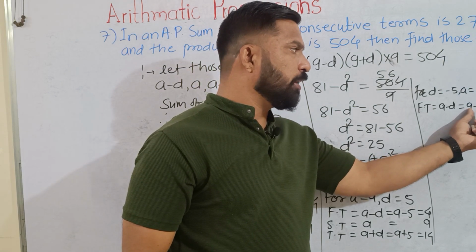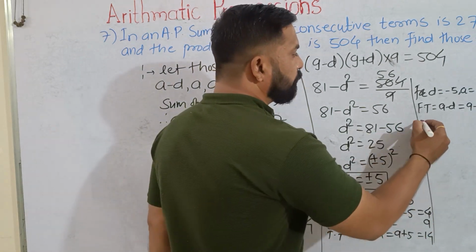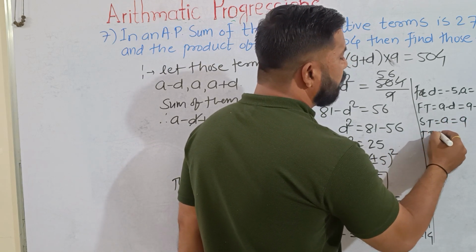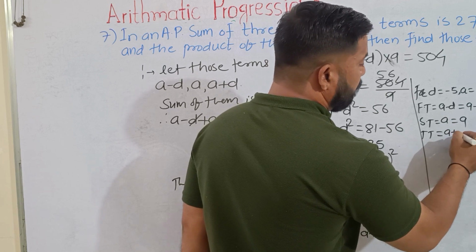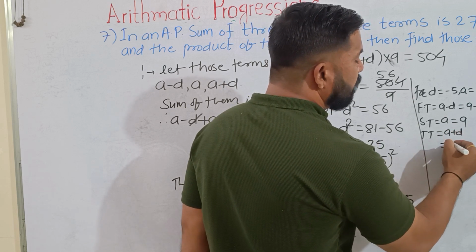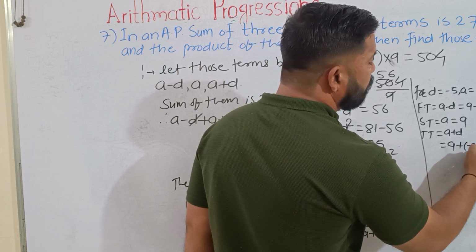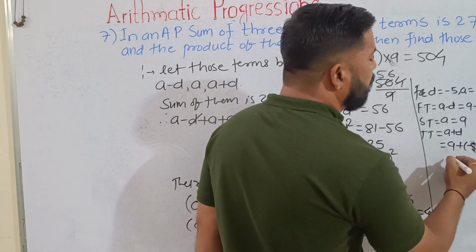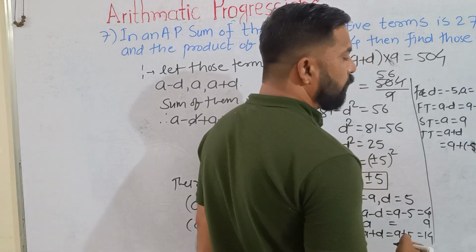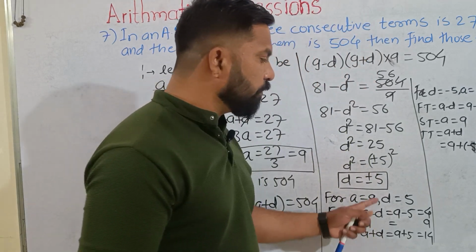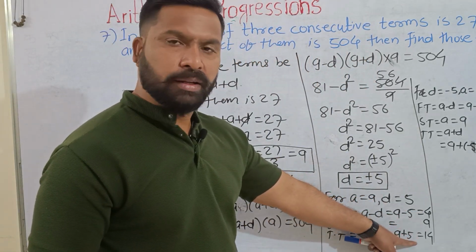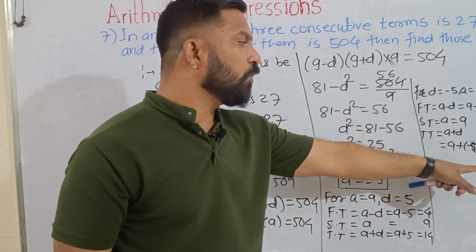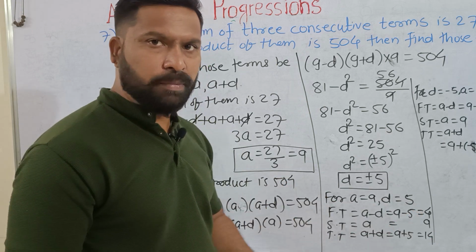Negative, negative, positive. 9 plus 5, 14. Second term a, which is equal to 9. Third term a plus d, which is 9 minus 5, which is equal to 4. So, if d is positive, the terms are 4, 9, 14, and if d is negative, the terms are 14, 9, 4. They are getting reversed.